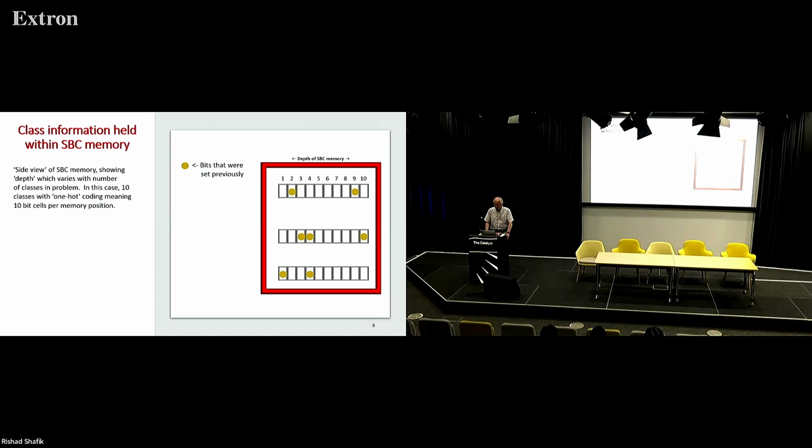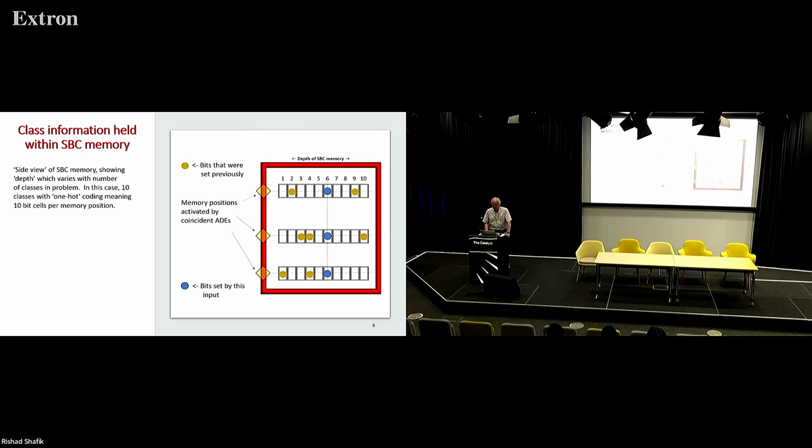So if you imagine that a number of previous operations have set a number of locations in the memory, those are indicated by the gold color here. And we're now training with a new data item, which corresponds to the digit 6. So this is supervised learning. Then what we do when we train the memory is we set bit number 6 in the active memory locations. And that's a simple single pass operation.